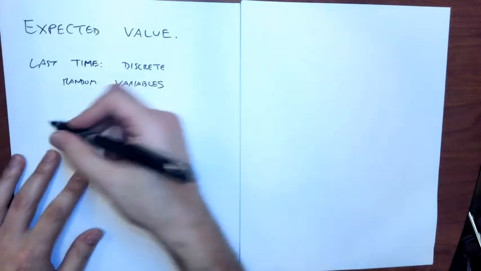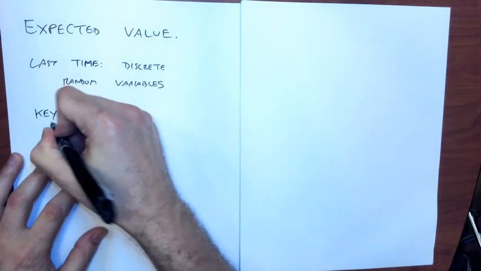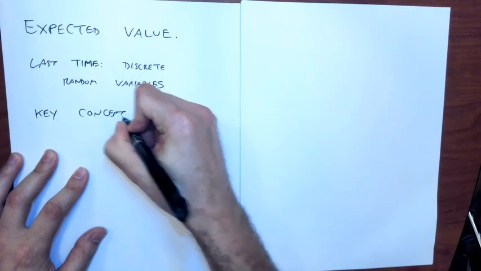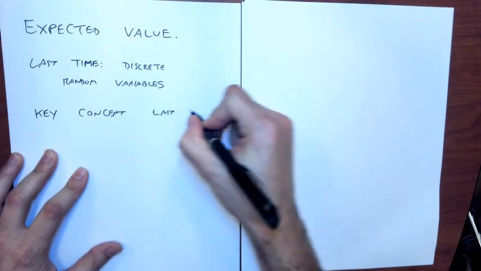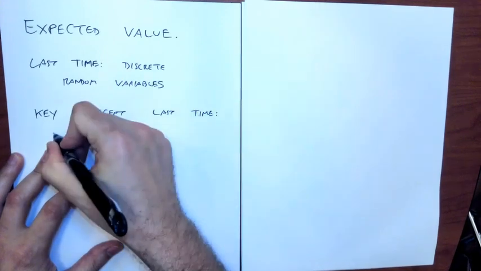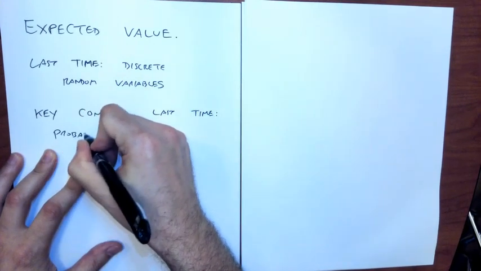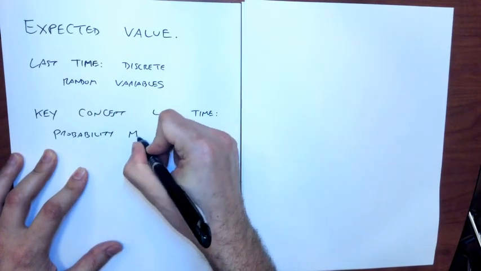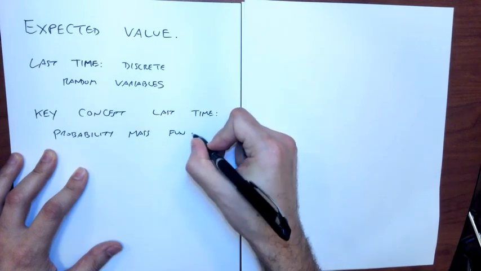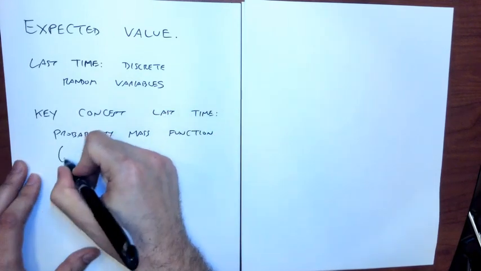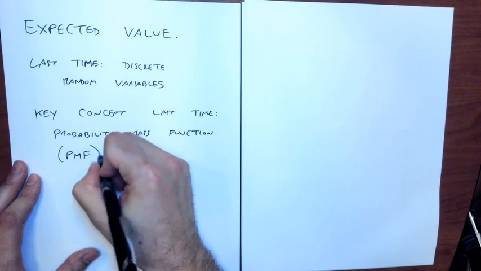And so the key concept from last time was what we call the probability mass function. I'm going to write this down in full, but we abbreviate this as a PMF. Right?